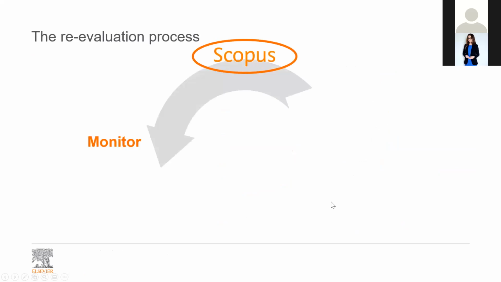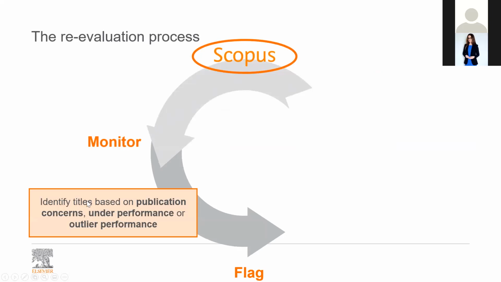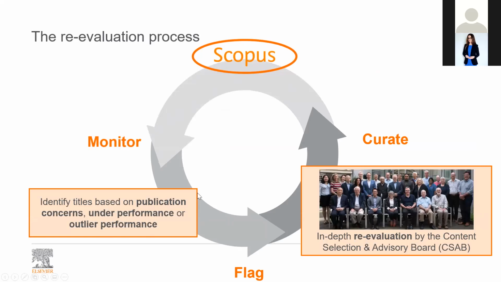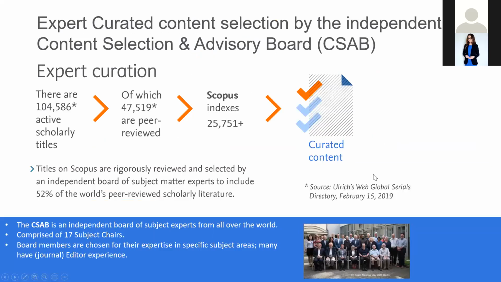And how does the re-evaluation process work? Well, we have the Scopus database, we monitor the journals, and we identify titles based on publication concerns, underperformance or outlier performance. When we see such behaviors, we flag the journal and send it back to the Content Selection and Advisory Board to re-evaluate the journal.